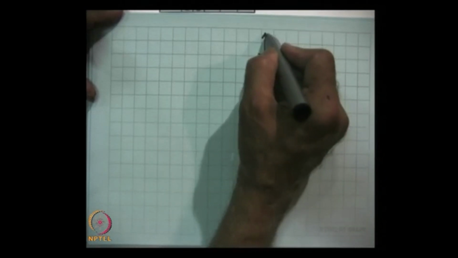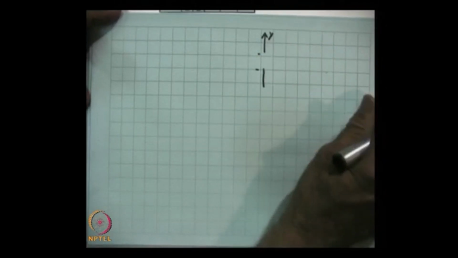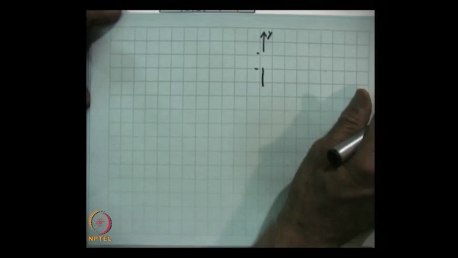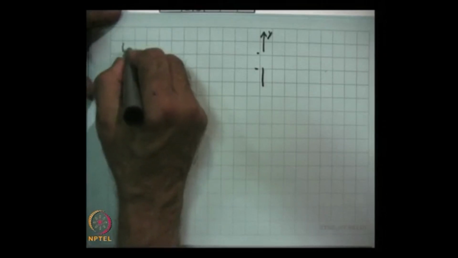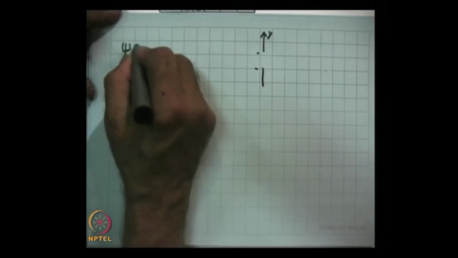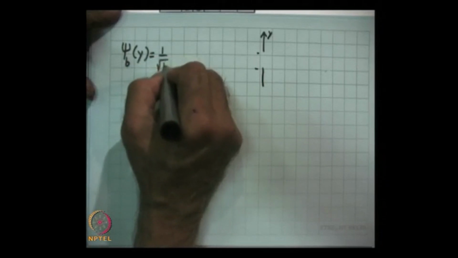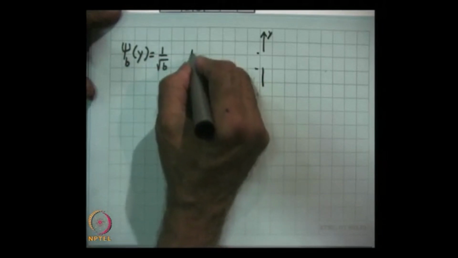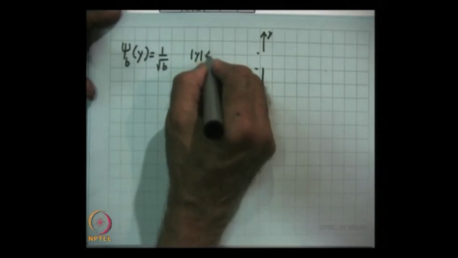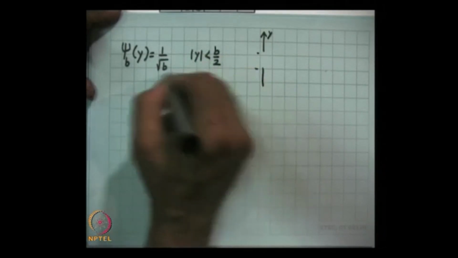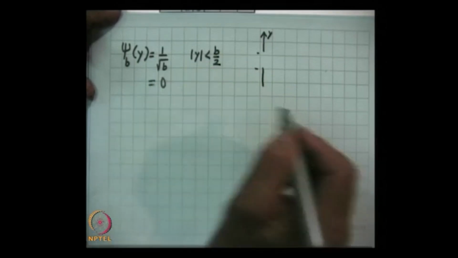This is my y axis, and 0 everywhere else. So we assumed psi b of y equal to 1 over root b for mod y less than b by 2, and 0 everywhere else.